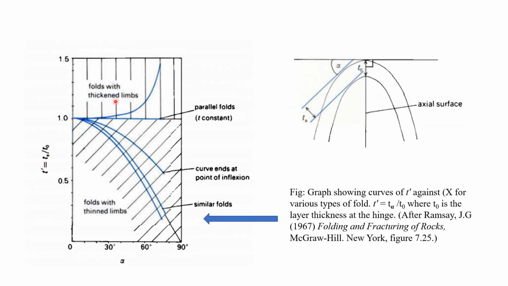So folds with thickened limbs or thin hinges are plotted in this area. Similarly, if T dash value is less than 1, that simply represents that the denominator, T0, is more and T alpha is less. Means hinges are thickened and limbs are thinned. So all those types of folds are going to plot into this area.